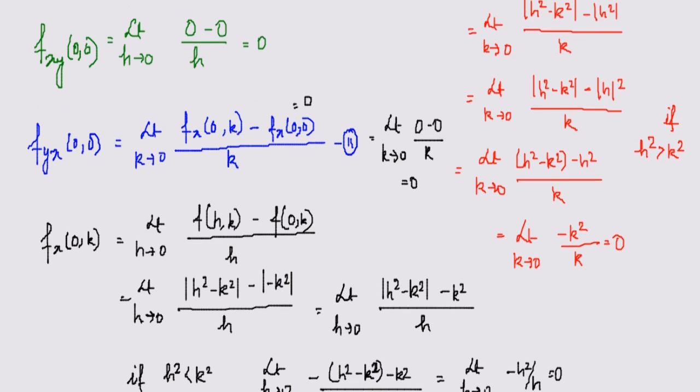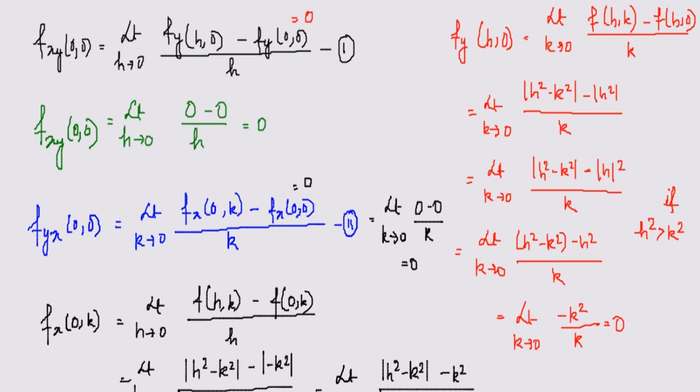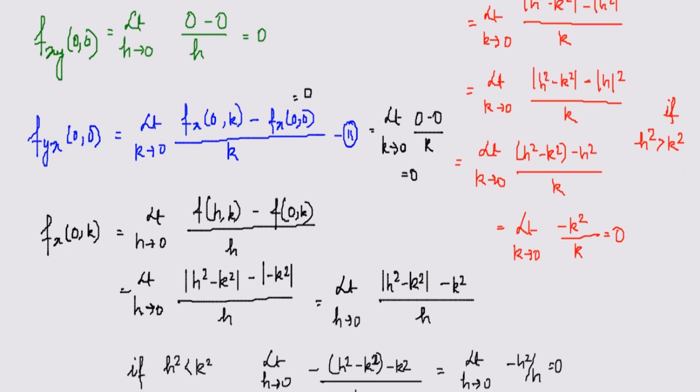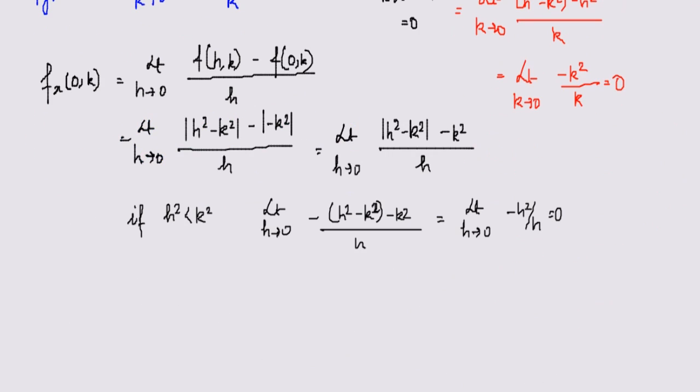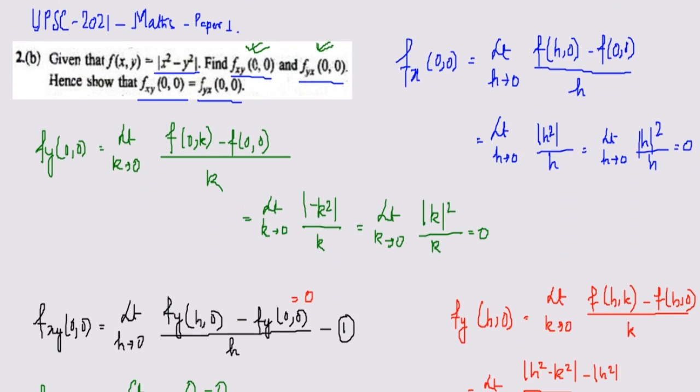So from here you can find that both equations 1 and 2 are equal to 0. So f_xy at (0,0) is equal to 0 and f_yx at (0,0) is equal to 0, and we were asked to prove that both are equal.